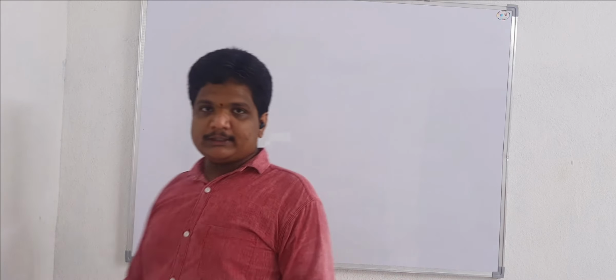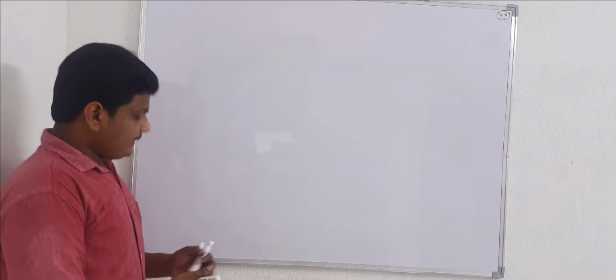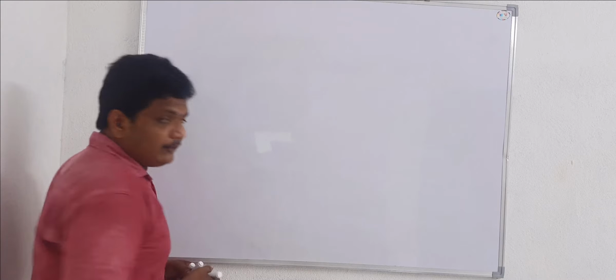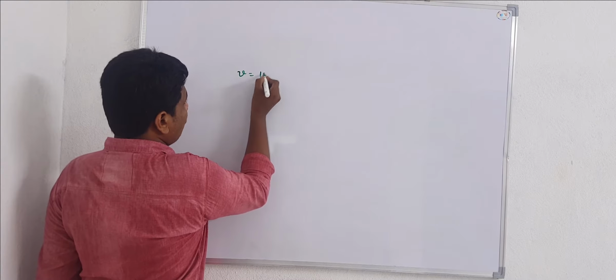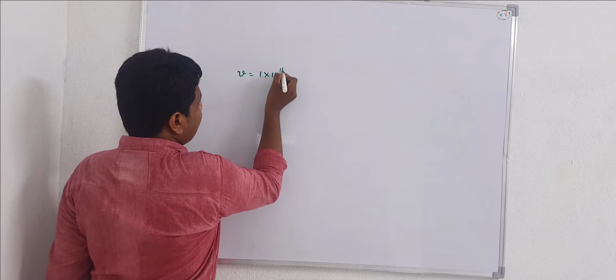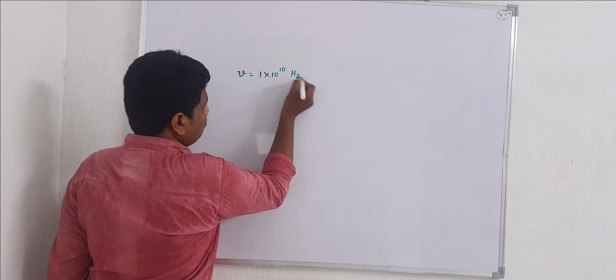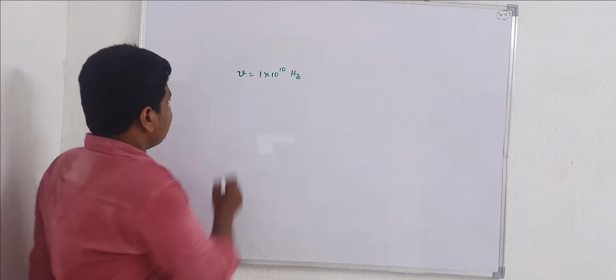If you see this question, they have given the frequency, nu, equal to 1 into 10 power 10 Hz. They have given the frequency as well as the g value, the Landé splitting factor, for the unpaired electron, 2.003.